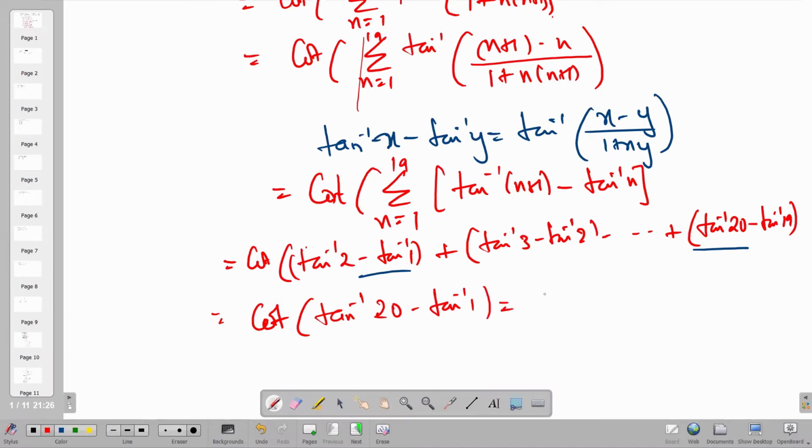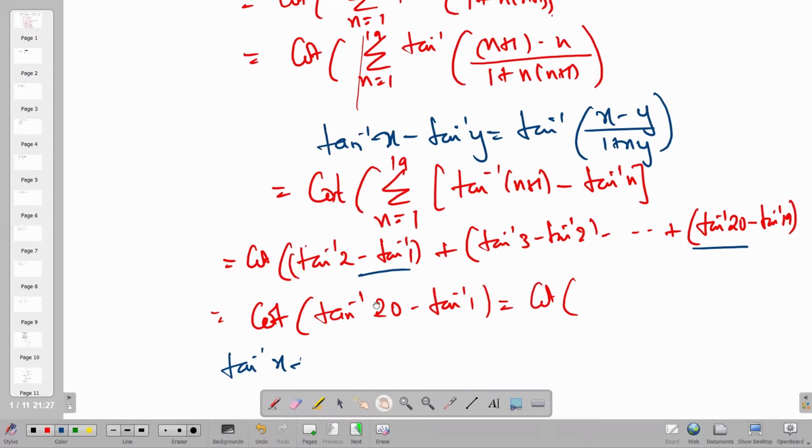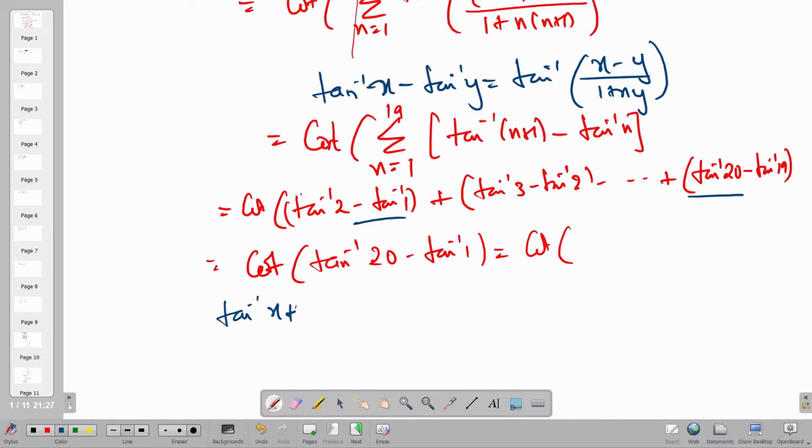Further, I can replace this using the identity that tan inverse of x plus cot inverse of x is equal to pi by 2. So I can replace tan inverse of x by pi by 2 minus cot inverse of x.